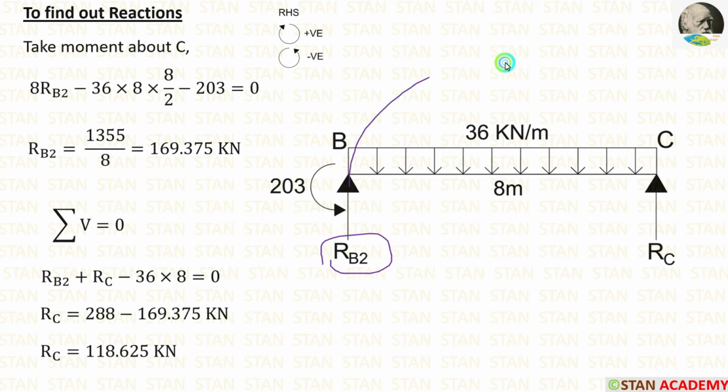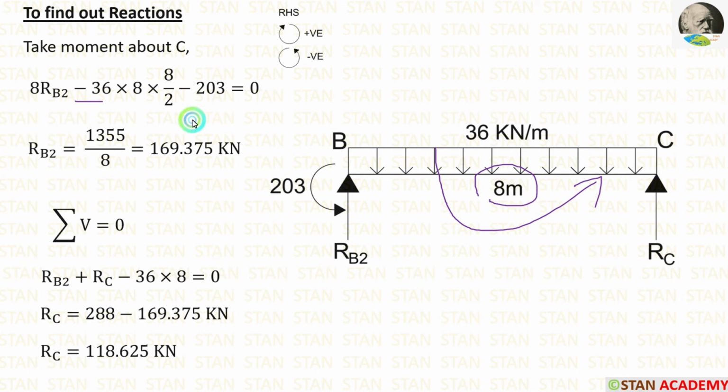RB2 is acting towards the point C in the clockwise direction, so it will be positive and the distance is 8 meter, so 8 RB2. The UDL is acting towards the point C in the anti-clockwise direction, so it will be negative.